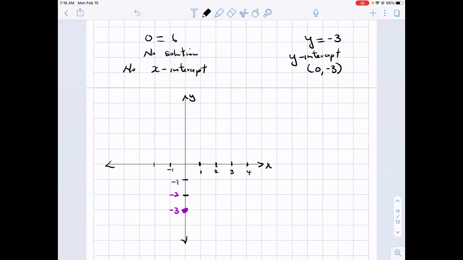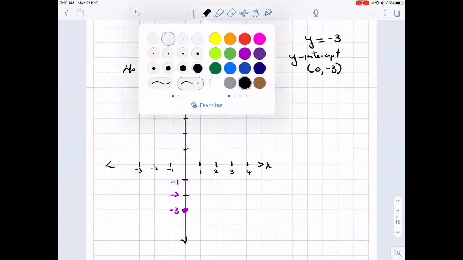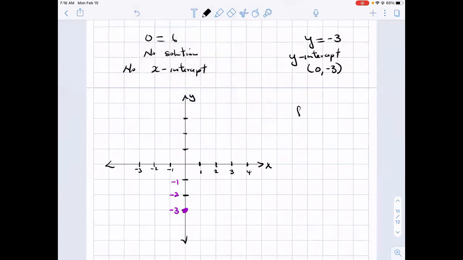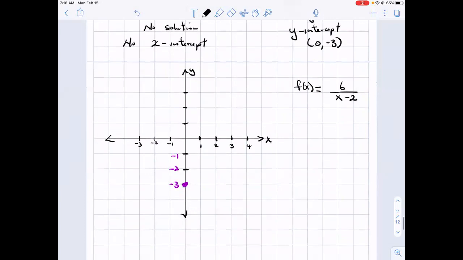But what I do want to point out to you is that if you look at your function, f of x is equal to 6 over x minus 2, x cannot be equal to 2, because if you take 2 and plug it in here, you will get 2 minus 2, which is 0.